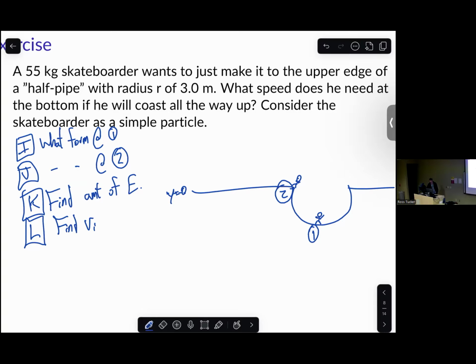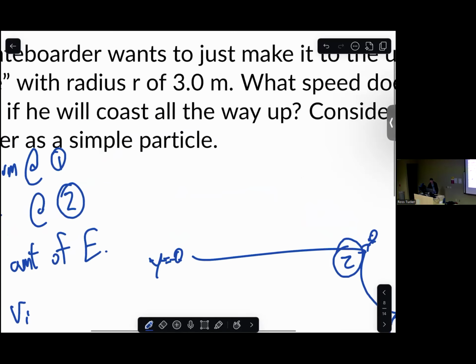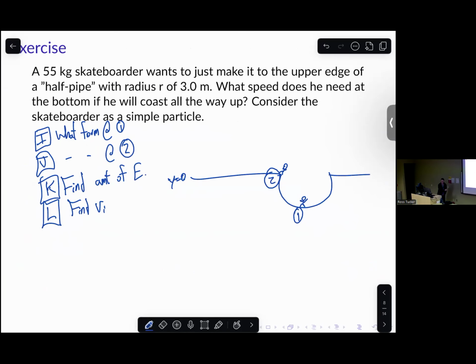Yeah, but I'm saying that if you're just trying to coast all the way up, how fast do you need to be moving at the bottom if you're going to just barely reach the top? If you're not moving at the bottom, you're never going to hit the top. Look carefully where I've defined y.